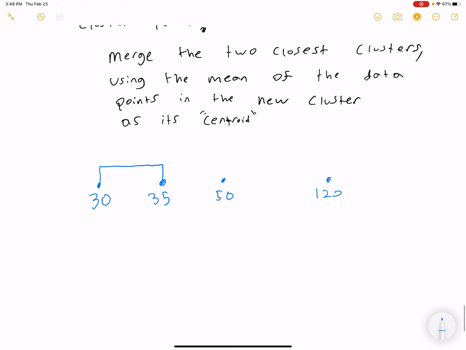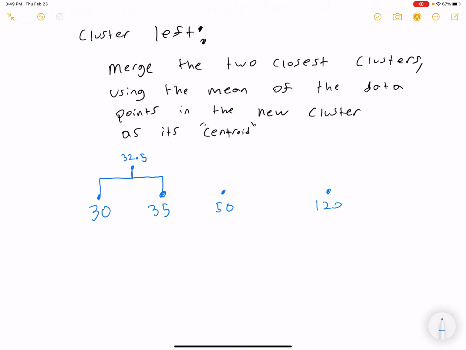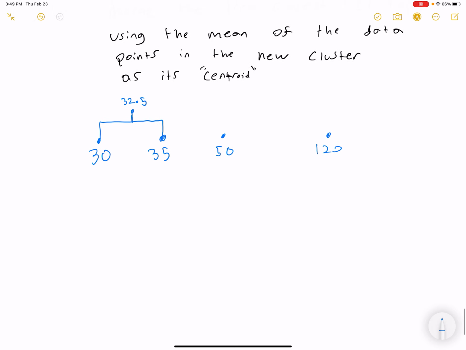The mean of 30 and 35 is 32.5, so that's the centroid of this cluster. And so 32.5 and 50 are closer than 50 and 120, or 120 and 32.5. So in the next iteration, we merge those 2 clusters.